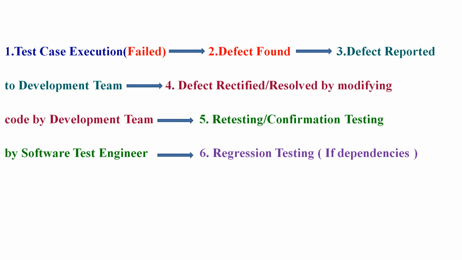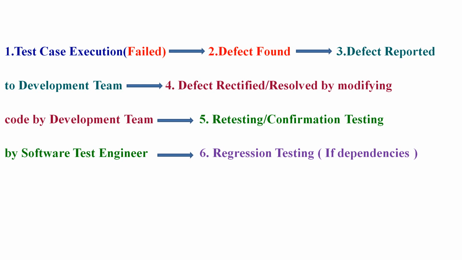The defect will be rectified by modifying the code, because why did we get the defect? Due to some mistake in the code. So in order to resolve that defect, the concerned developer has to modify the code. By doing some modifications to the code, the developer will rectify or resolve that defect.